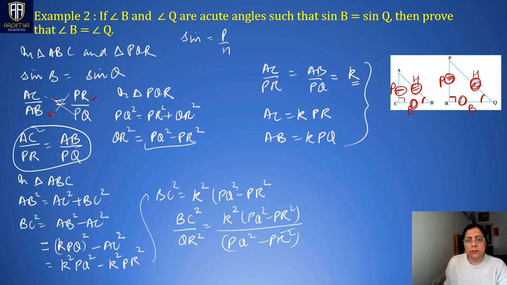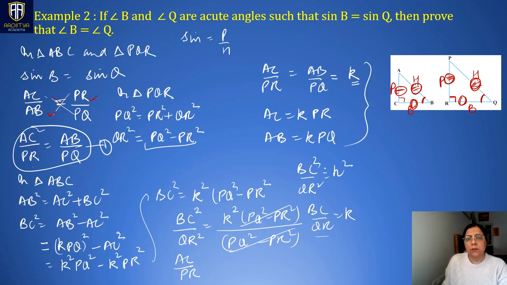So what I can do is reduce them. So I have got BC square upon QR square is K square. That means BC upon QR is equal to K. Right? This is K.